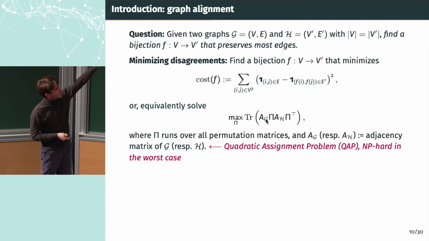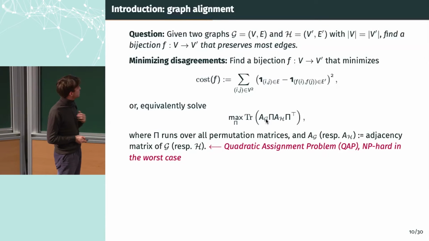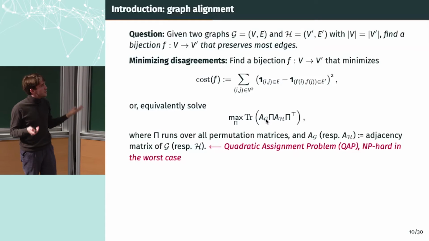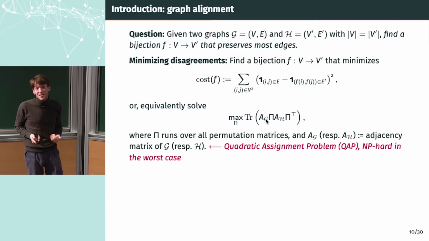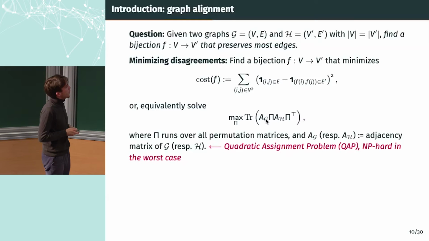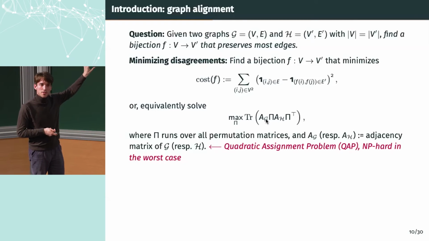Quadratic because pi, the permutation matrix, appears two times in the objective. Of course, as you may have guessed, this problem is NP-hard in the worst case as well, because it's even harder than graph isomorphism. So this is our optimization problem in this setting.